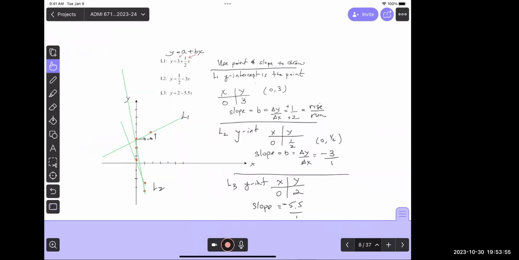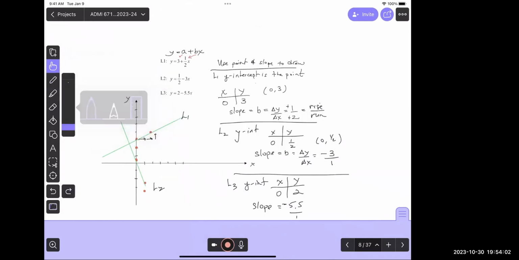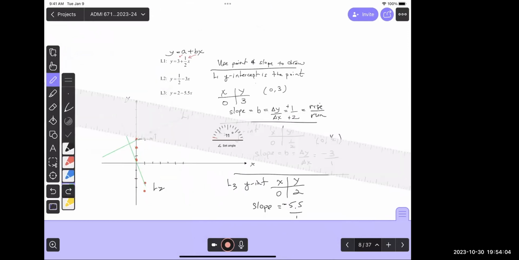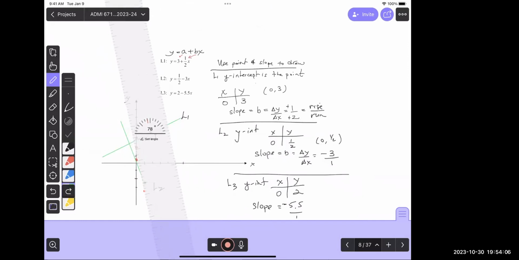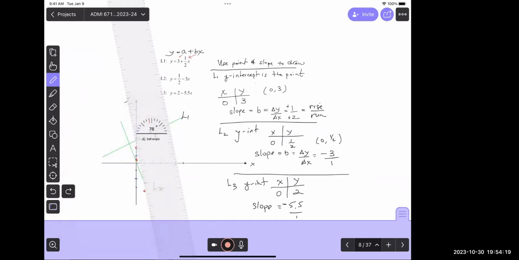I'm going to extend that a little bit more. Let me do that again. There we go. So that's L3.